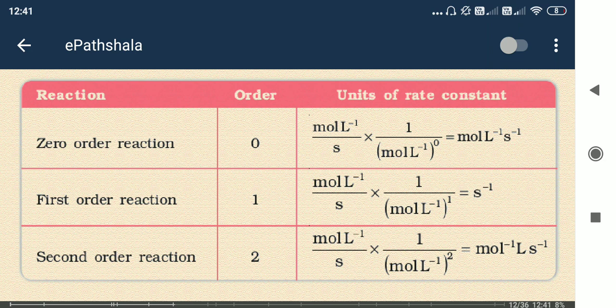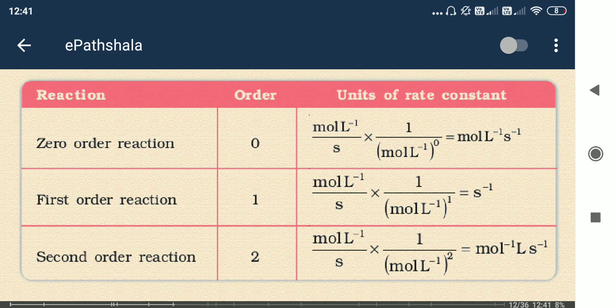In case of zero order reaction, reaction rate by concentration to the power 0 is no value, only the reaction rate remains. So mole liter inverse second inverse is the unit of the rate constant for zero order reactions. In case of first order reaction, mole liter inverse second inverse is on the upper side, and on the lower side mole liter inverse. So mole liter inverse gets cancelled, leaving second inverse for first order reactions.